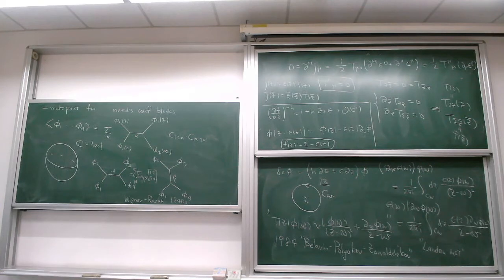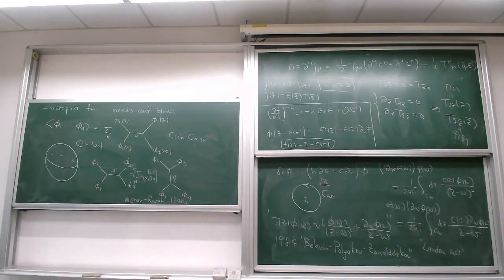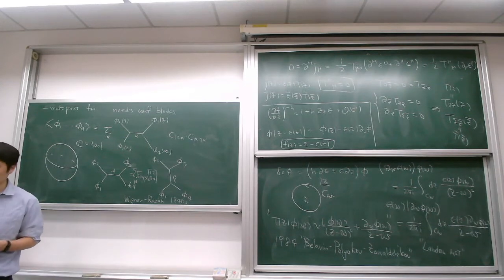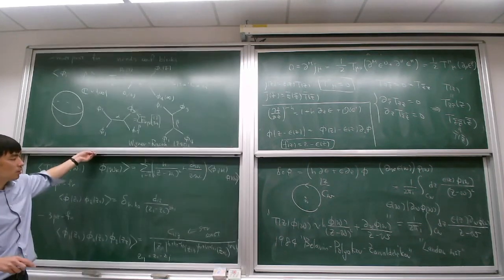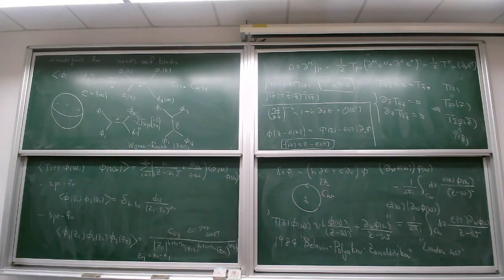Wigner is a famous mathematical physicist who made a comment on the unreasonable effectiveness of mathematics in physics. So the fusion matrix was first introduced by Wigner and Racah, and to determine the fusion matrix given a conformal block is very difficult. And this has very, very nice properties. Okay, any questions so far?